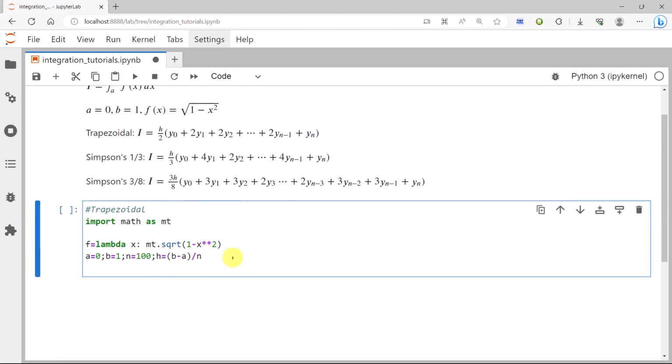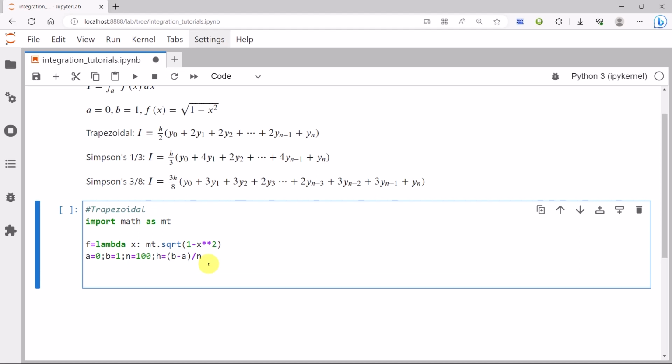a, b defined, h is calculated. So I'll start trapezoidal, and trapezoidal is that y0, yn, they are added up, and then the rest will be twice. So now I initialize this trapezoidal.